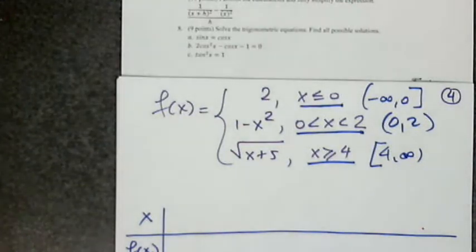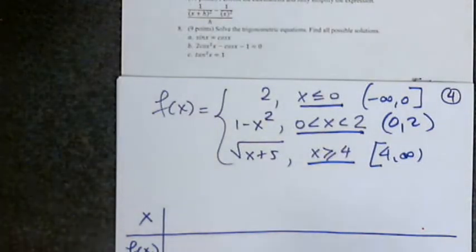One more time. From -infinity till 0, everything. I see 0. I see everything between 0 and 2. I do not see 2. And then I see from 4 to infinity. So what is the domain of this function then?